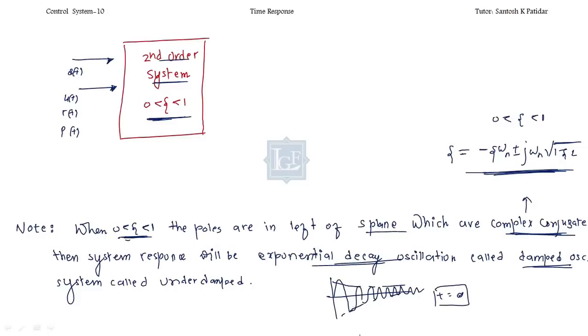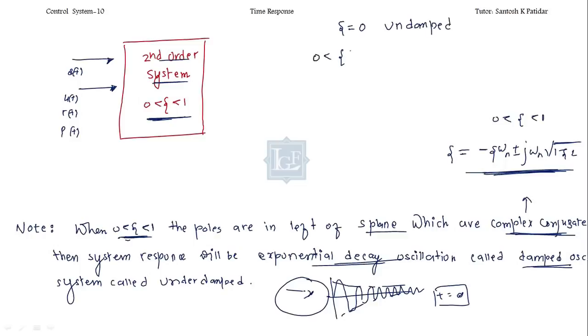Correct? So for different inputs, you'll get different outputs, but the nature of the output will be the same, because the nature is decided by zeta only. If you remember, when zeta was 0, this was an undamped system, and the output nature was sustained oscillation.